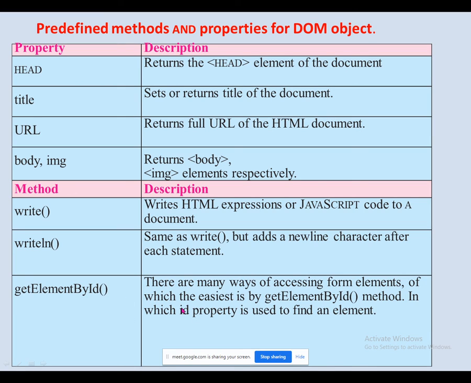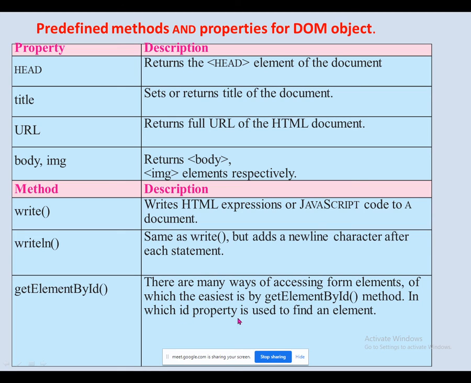Okay, name attributes. Look, there are many ways of accessing form elements, of which the easiest is getElementById. Means what? Suppose you want to know some field. That information you can access with the help of that particular name or id, which you have given.